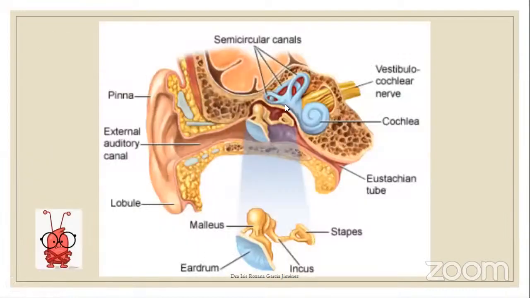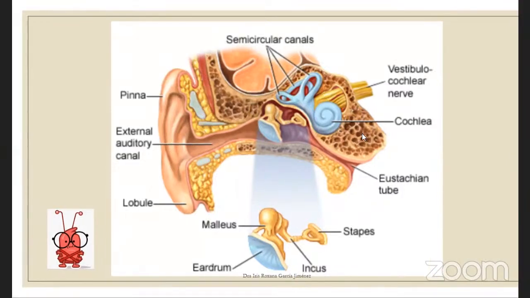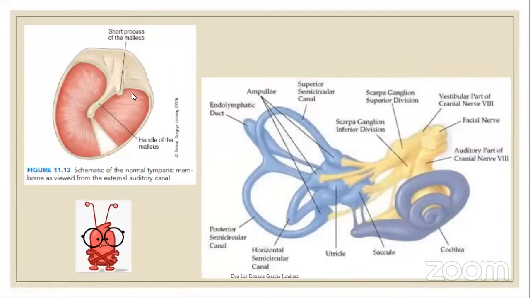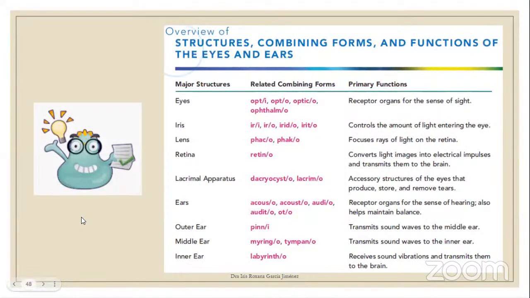Again, a cross section from the ear, the inner ear. We have the chance to evaluate all of its structures in detail. So, more views about the tympanus, the tympanic membrane, and then we got more structures. Please evaluate all of them. And now we got these structures, combining forms and functions, just eye and ears, because according to the program, these are the senses we must consider at this point.